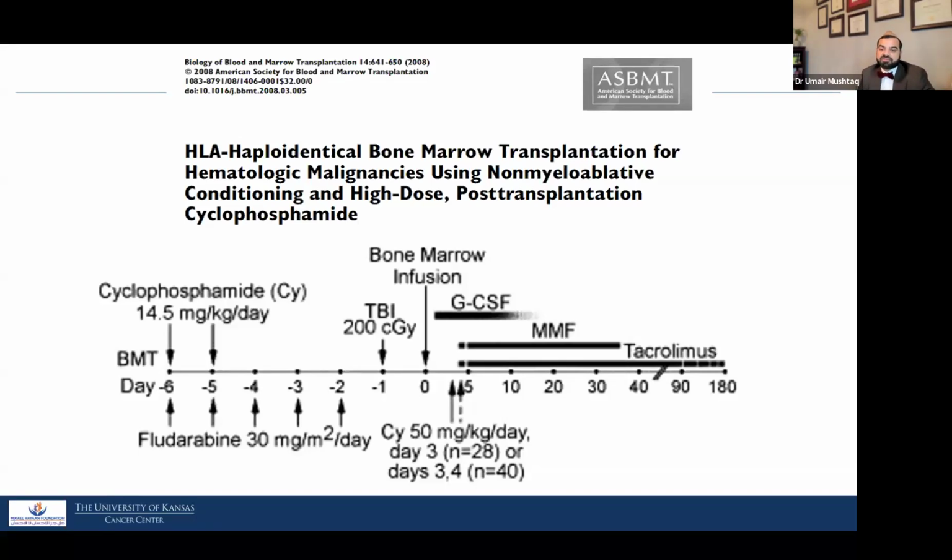Then you give MMF for 1 month, day 5 to 35, and then tacrolimus for varying durations. Some will stop at day 60, day 90, day 180. In the other protocol, the cyclosporin is usually given up to 9 months to a year. Here it is usually 3 to 6 months, and at that time point, you'll stop immune suppression.